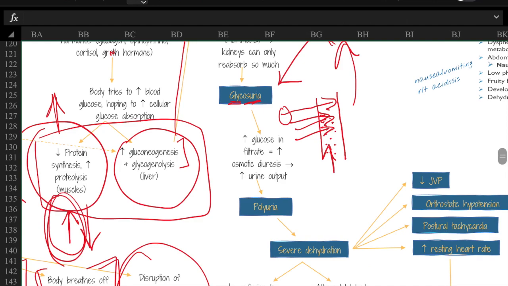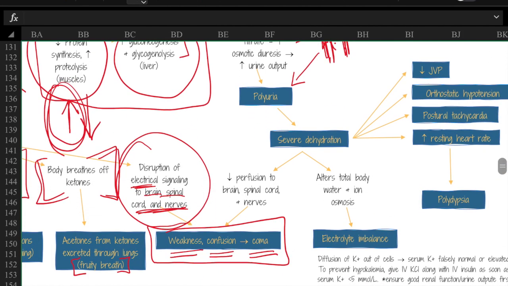When you have that kind of hyperosmolar state where the large molecules in the blood, there's so many of them that they're pulling all that fluid in, that fluid has to go somewhere, and it's going to come out in the urine. And this is why we have the symptom polyuria. When somebody has very, very high glucose, they're going to have polyuria. You put that together and you end up with dehydration. And this is a very severe dehydration.